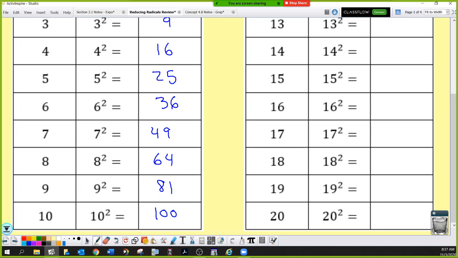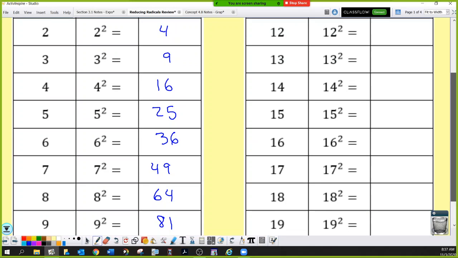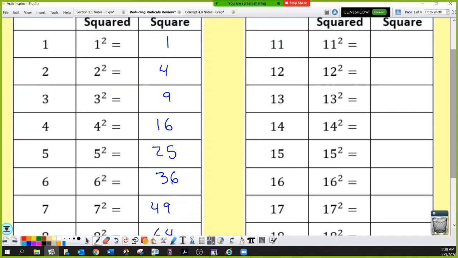Just know those. Now, you want to know the next 5. You really, really want to know. You need to know the next 5. 11 squared, 121. 12 squared, 144. 13 squared, 169. 14 squared, 196.